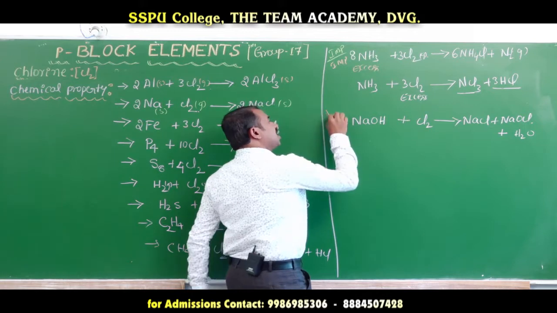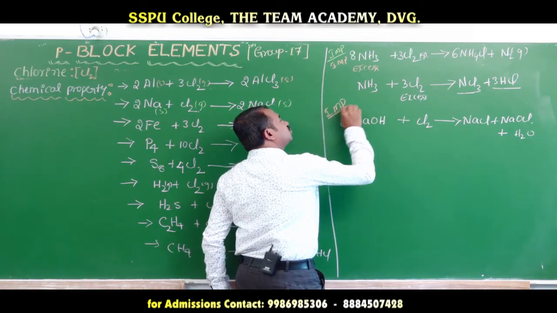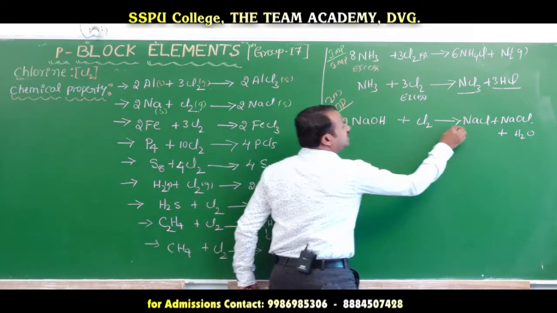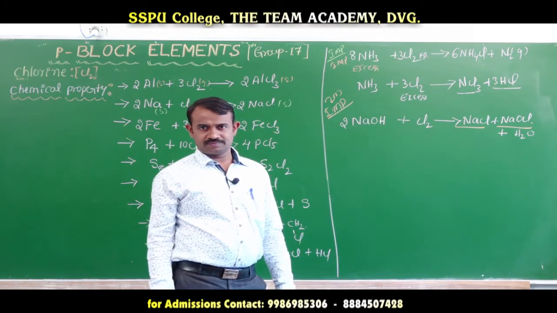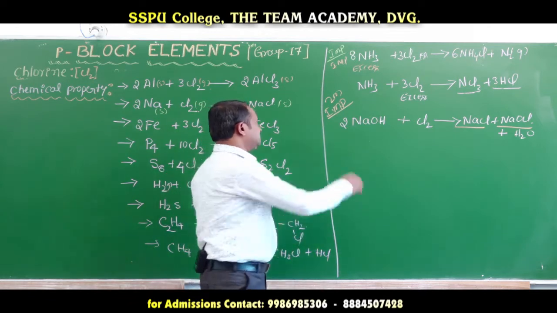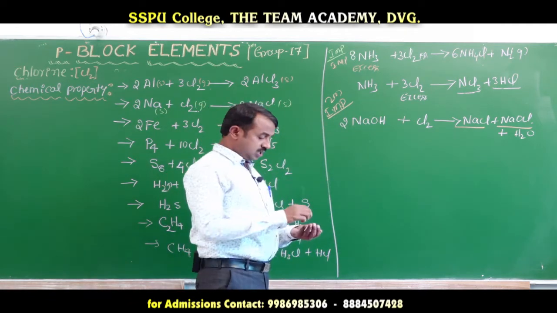So many times they will ask to complete the reaction, 2 marks or 1 mark, complete the reaction X and Y plus H2O. Important. This is also a complete the reaction.